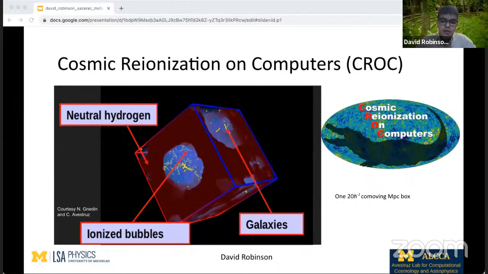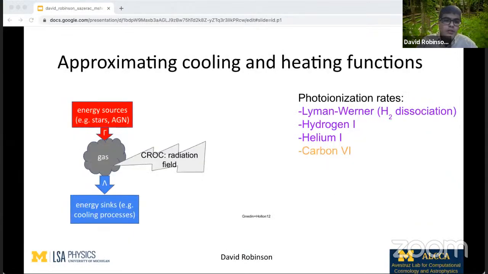And because we have incident radiation fields, we need to actually approximate how the cooling and heating functions depend on that radiation field. And so specifically, the way that that's done in these simulations is an approximation scheme from Mead and Holland 2012 that uses a lookup table that's constructed from Cloudy calculations of full cooling and heating functions.